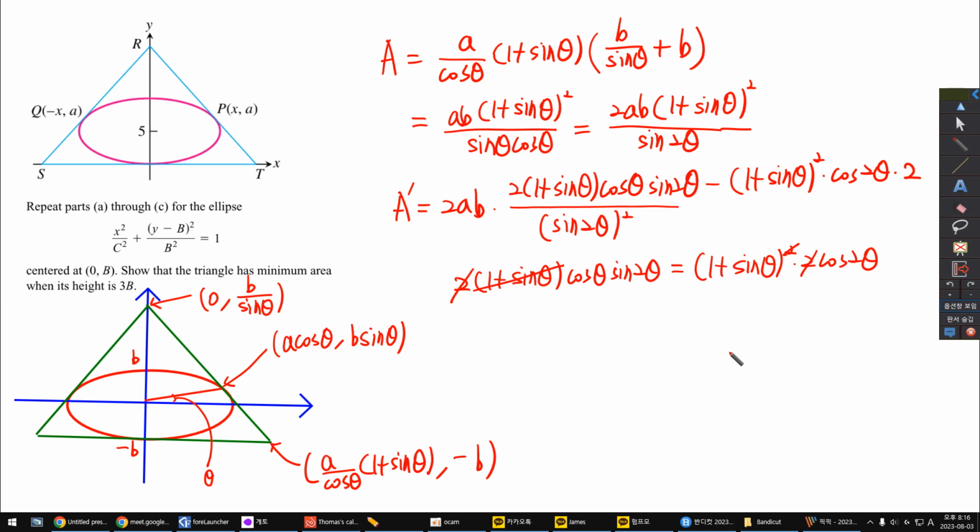And then sine 2 theta is 2 times sine theta cosine theta. And this cosine 2 theta, we can change to 1 minus 2 sine squared. And then this cosine squared is also converted to 1 minus sine squared. That means we can cancel this 1 plus sine theta.